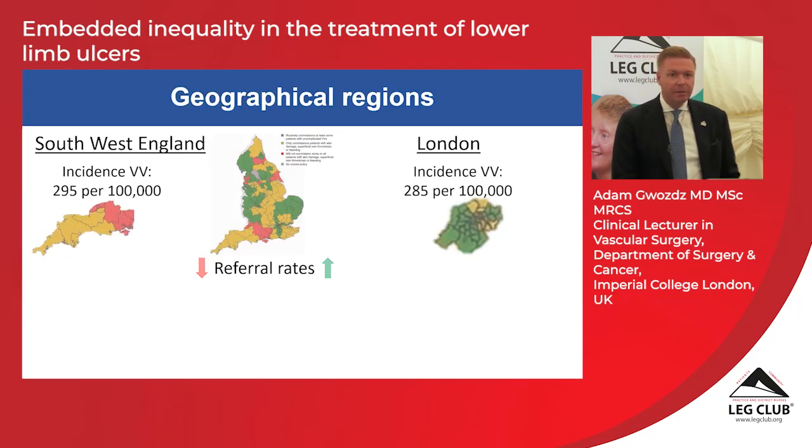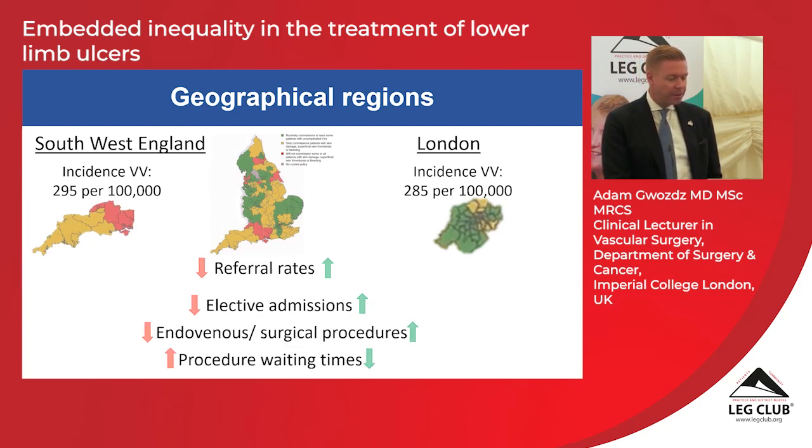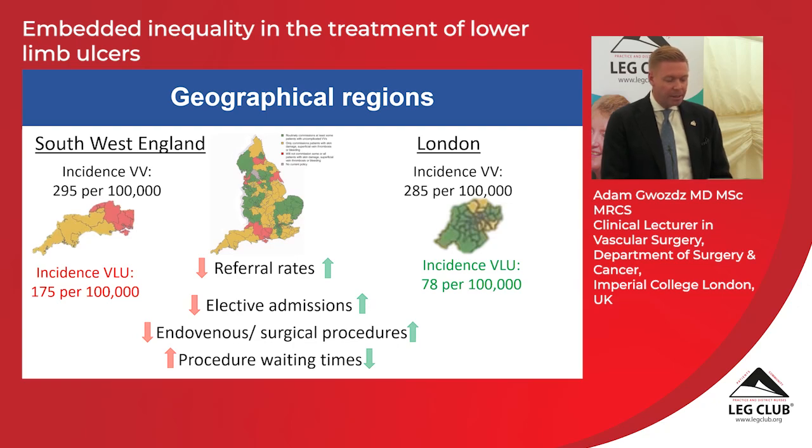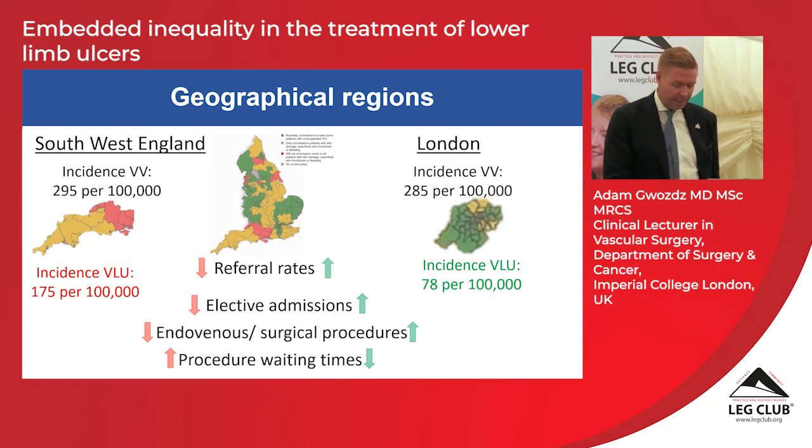So I'll take two examples from our own data, going back to the original graph. You've got the southwest of England, which is amber and red, and you've got London, which is primarily green, being compliant. So how does this affect things like treatments and ulcerations and so on? Well, we've got the incidence of varicose veins being relatively similar in both those groups, which you'd expect because the data is fairly national.